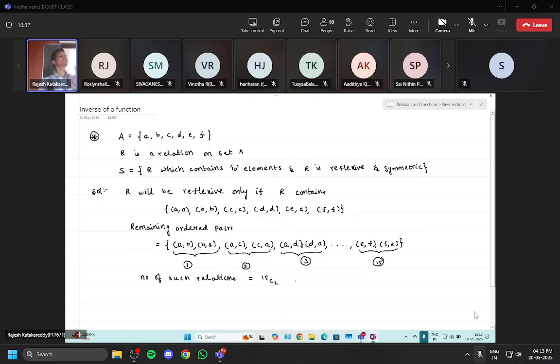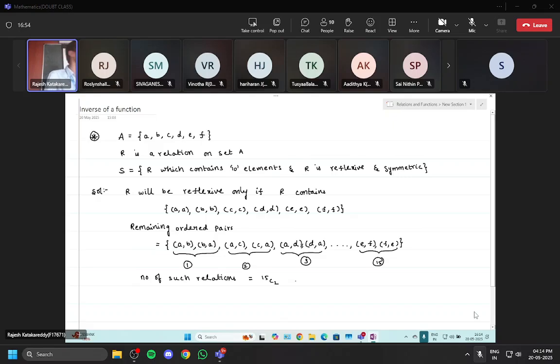Out of these 15 pairs, you select any 2 pairs and add them to the relation R. That is your relation which is both reflexive and symmetric. The answer here is 105.